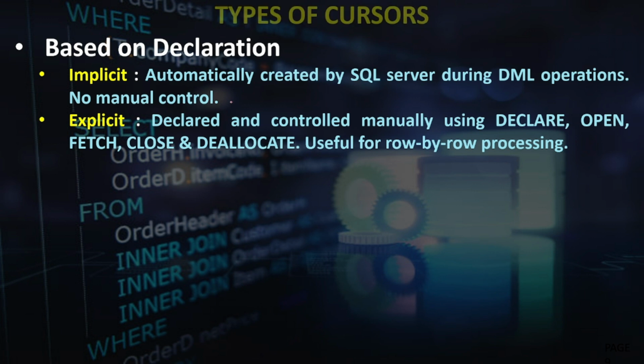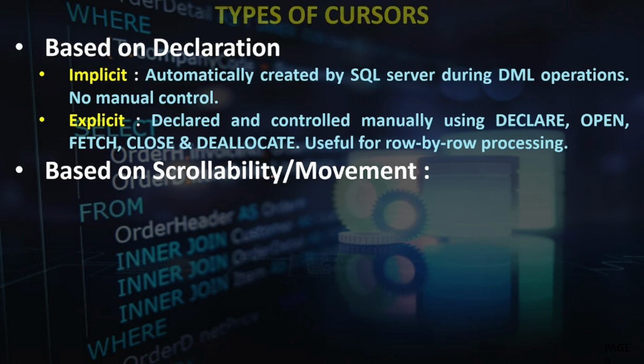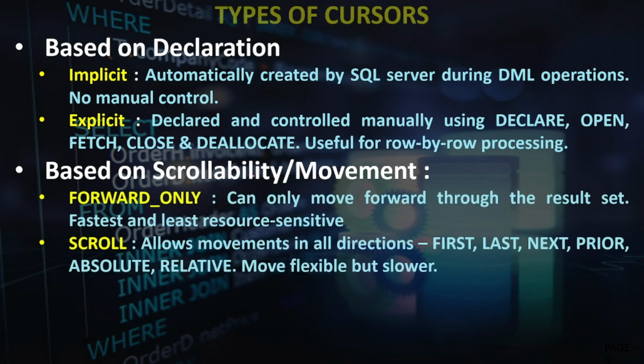Make sense? The second basis of classification of cursors is scrollability, or movement. You remember that when iterating through records, you are going from top to bottom, right? But there can be a possibility wherein you are on the fourth record and you want to go back to the third record.